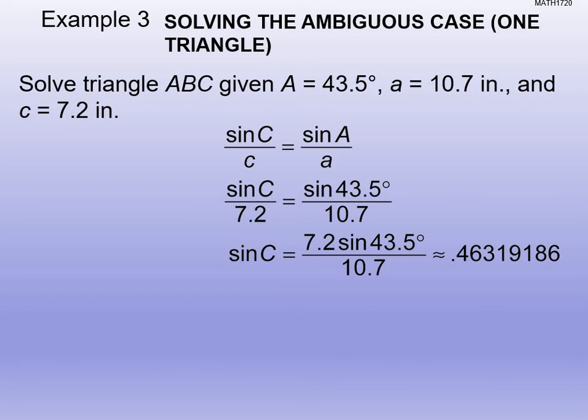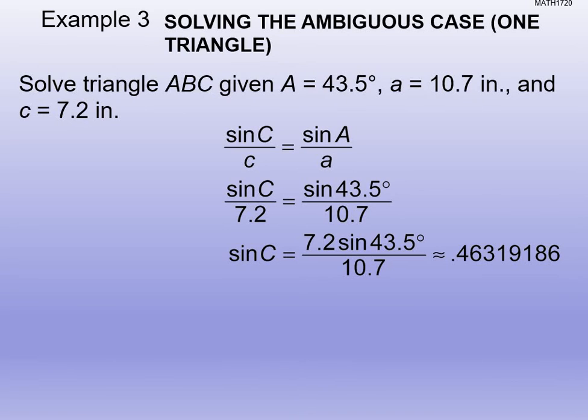What you have to understand is, is it between 0 and 1? Yes. So we know we're going to get at least one valid triangle out of this because the sine of C is between 0 and 1. So we know that that's good. Now you have to actually find the angle C. So remember, you have to hit second sine on your calculator. That's sine inverse to get the actual angle.